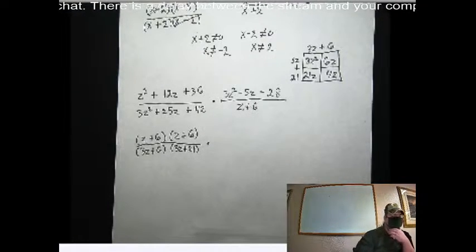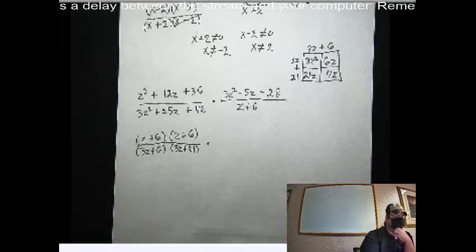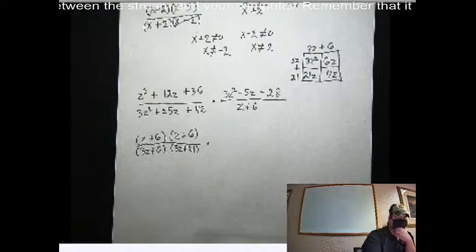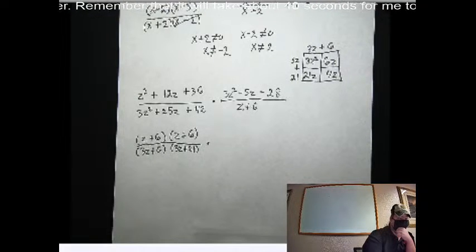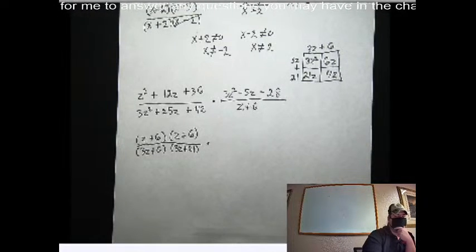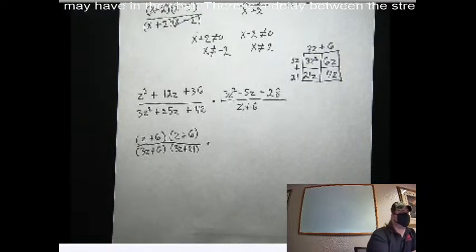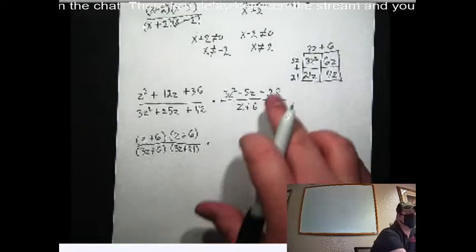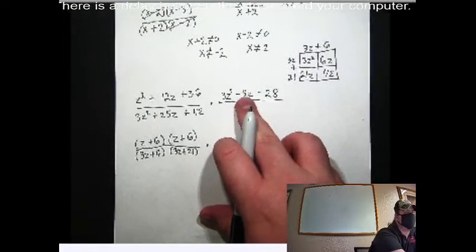So, factors of 84. 1 and 84, 2 and 42, 3 and 28, 4 and 21, 6 and 14, 7 and 12. I believe that's all of them. Yeah, 7 and 12 is what we're going to be using here because we can combine them to get negative 5.